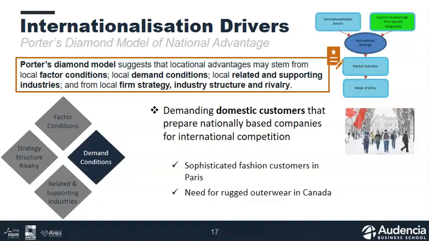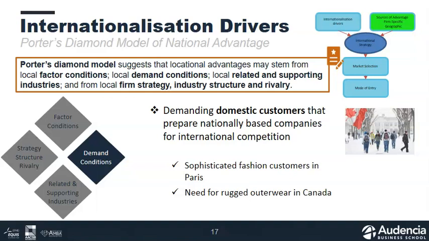Demand conditions look at, for example, to what extent your domestic customers create a market or demand that is very demanding and very sophisticated. If you've got a very demanding customer nationally, that will prepare you for international competition.